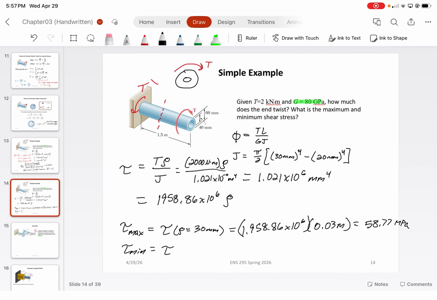Now tau min is going to occur at 20 millimeters. So just carry that down, multiply this by 0.02 meters, and what we get is 39.17 megapascals.